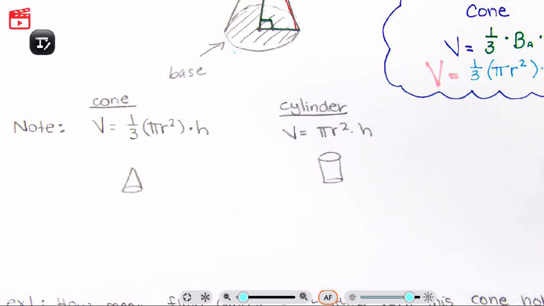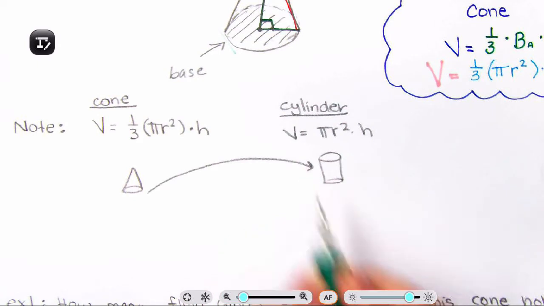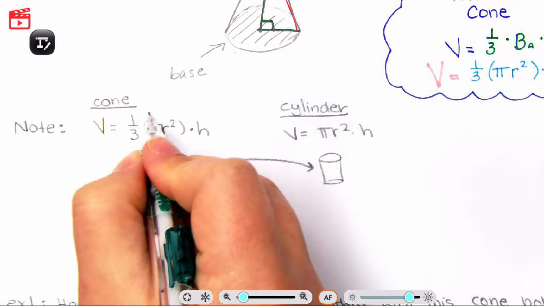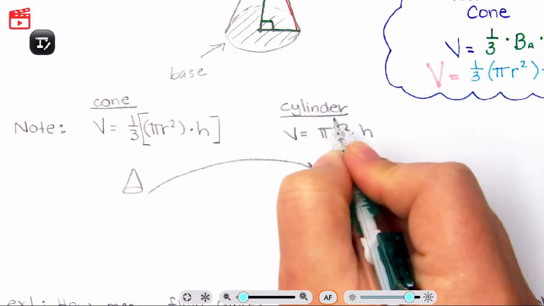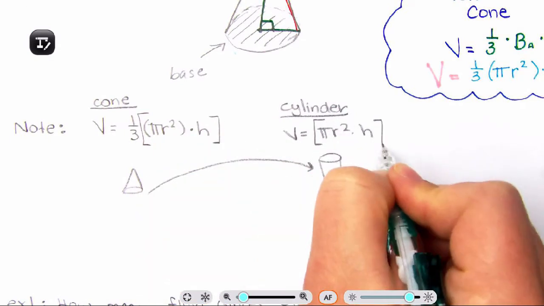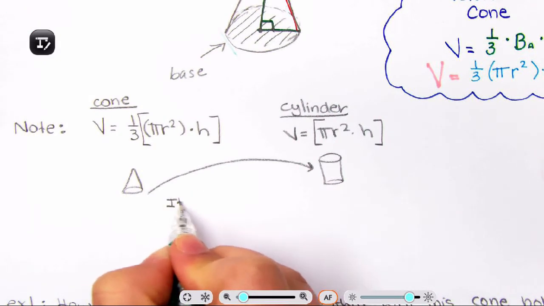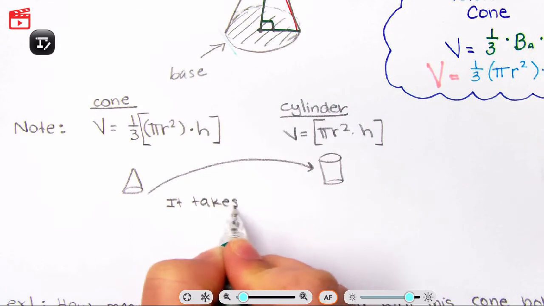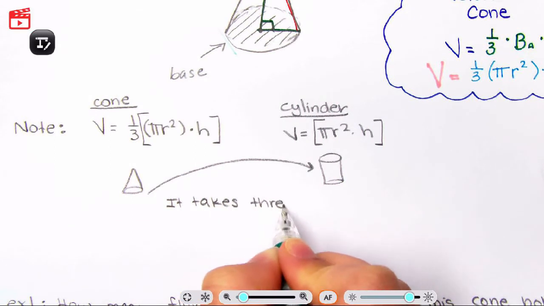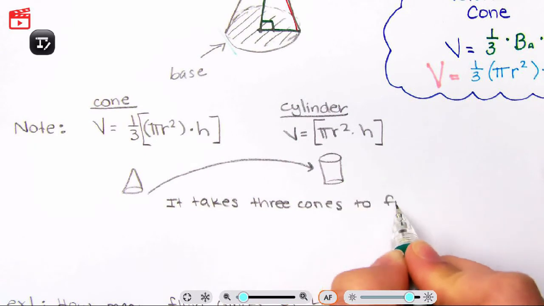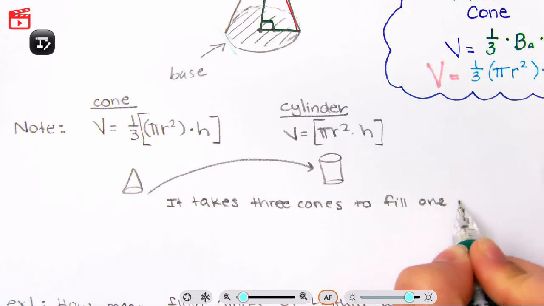So what's really cool is because a cone is 1/3 of the volume of a cylinder, we can actually say that it takes 3 cones to fill 1 cylinder.